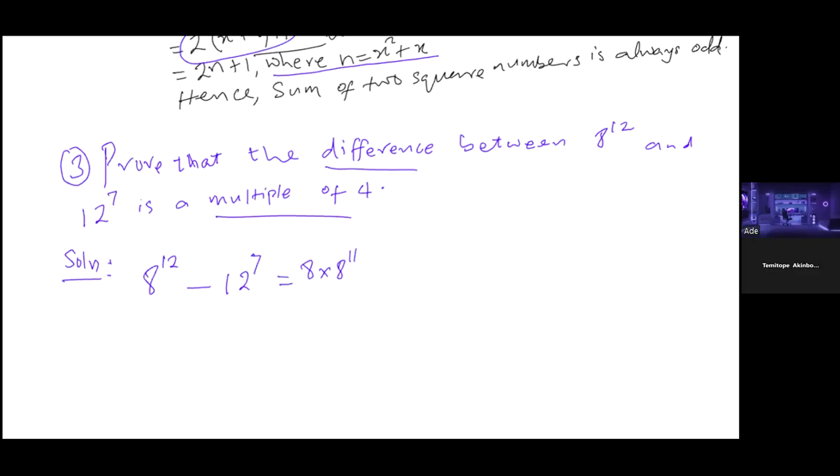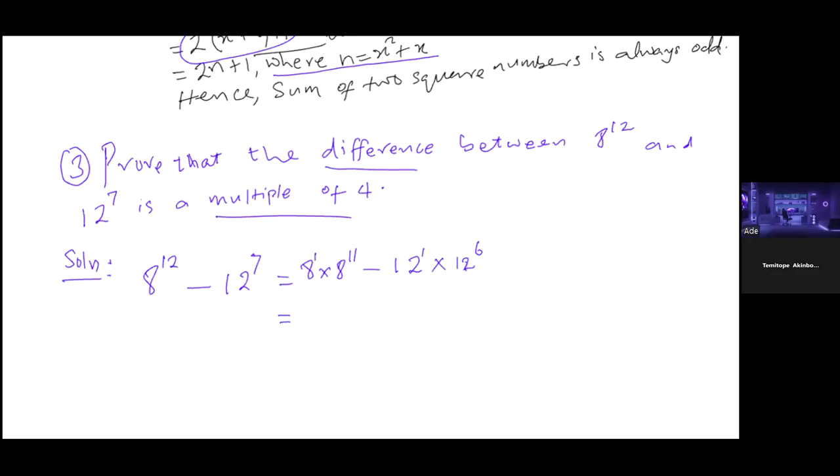Yes, sir. Okay. Minus, I'll do the same thing for 12: 12 raised to the power 1, let me put 1 here so that it will be obvious, times 12 raised to the power 6. By the first law of indices, I'll go back to 12 raised to the power of 7. Now, when you are proving, you must not lose your guard. You must be conscious of where you are going.